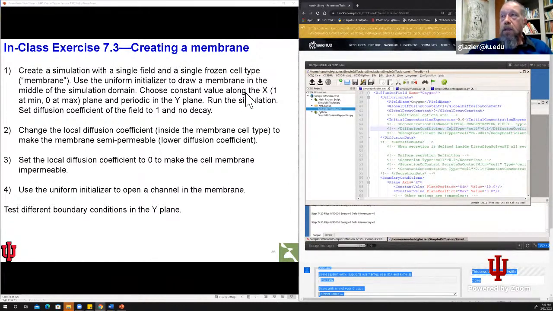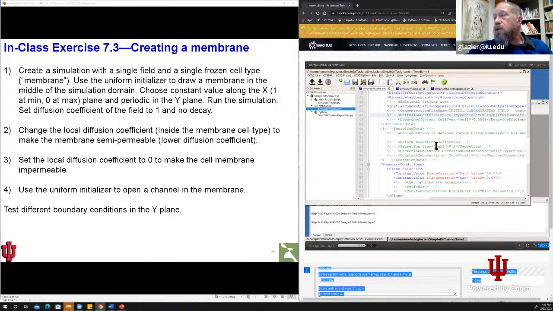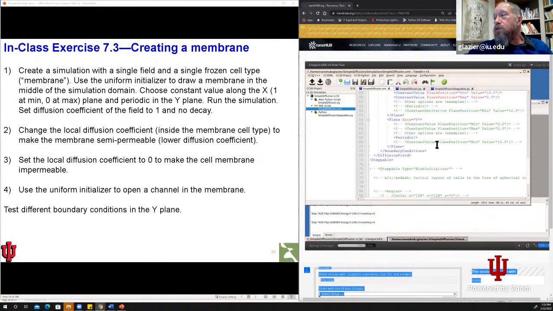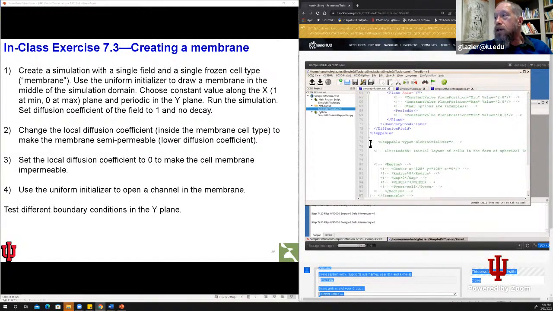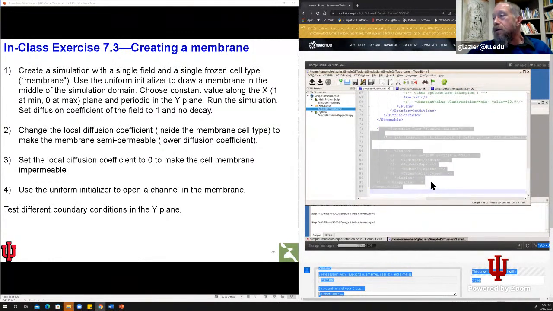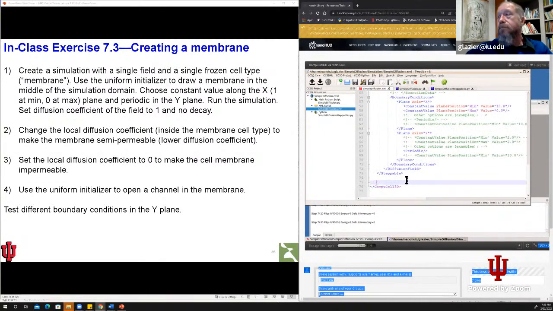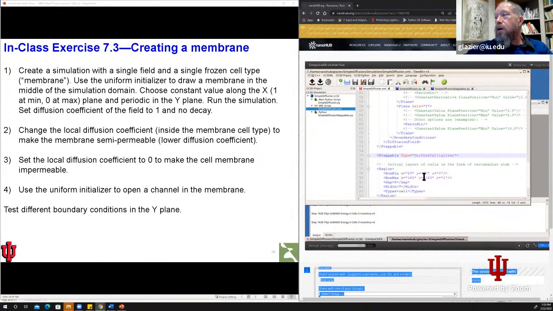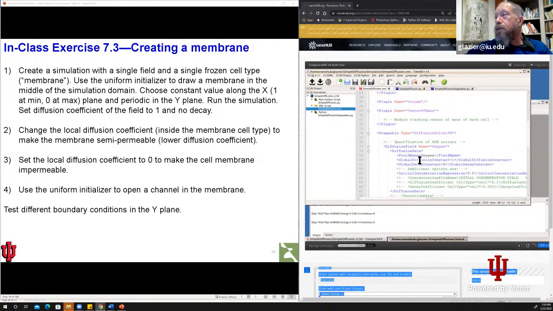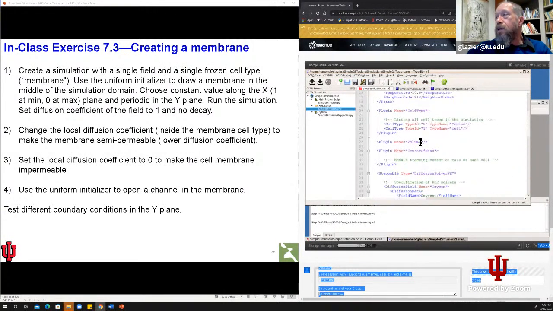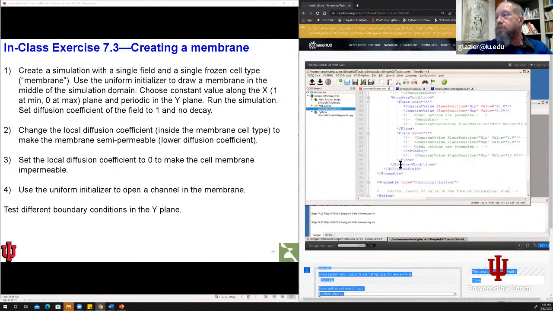To create an initial condition, we should have used the uniform initializer instead of the blob initializer. So let me get rid of the blob initializer and put in the uniform initializer. And I can draw a layer. I created already a cell type that I didn't do anything with. I just called it cell; I could have called it wall here.